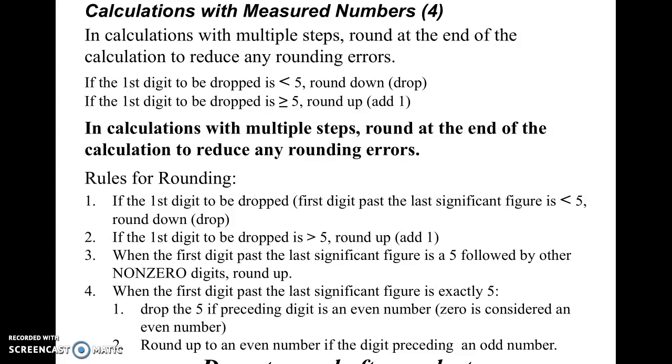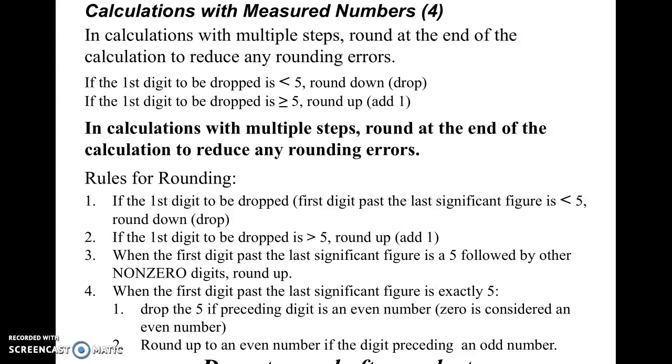But if it is greater than 5, you round up. But if it is 5, then you have to look at the other digits that are after the 5. And if there are other numbers past the 5, then you round up, as we did in that last example.